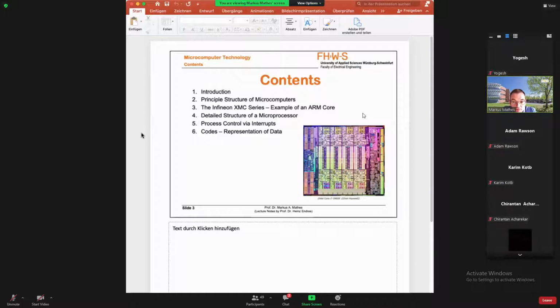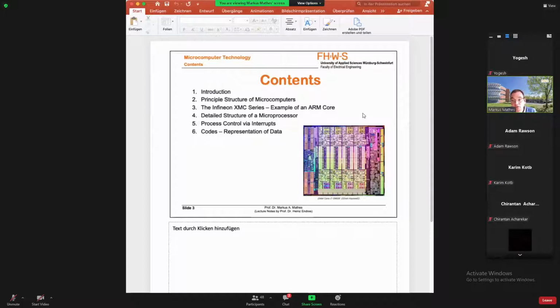We will see. And here in chapter 3, we will take a look at one experimental board and on the instruction set for this Infineon ARM core. So I will show you the complete instruction set from the original manual from Infineon. We can use this in this class.